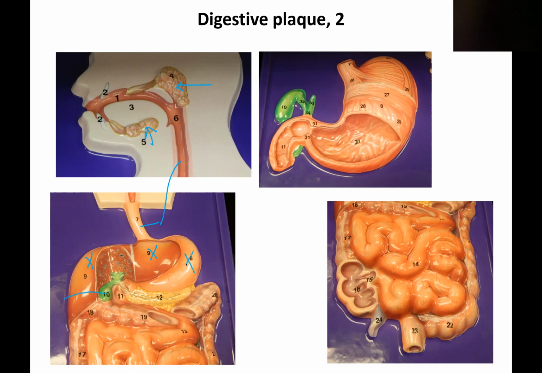You can see the body of the stomach and the pyloric stomach, pancreas.